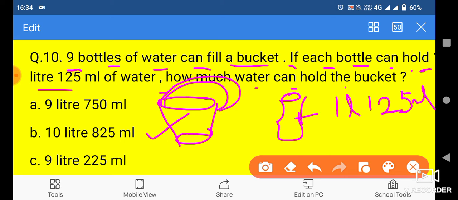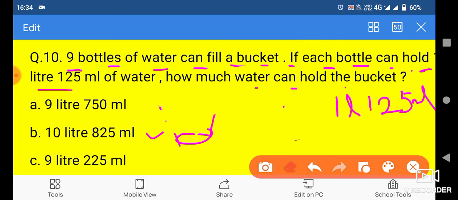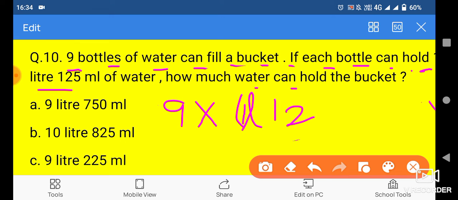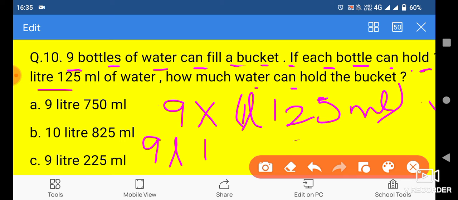To fill this bucket we need 9 bottles and the capacity of one bottle is 1 liter 125 milliliter. Then what will we do? We multiply 9 by 1 liter 125 milliliter. What will be the answer? 9 liter and 1125 ml. 1000 milliliter is equal to 1 liter.